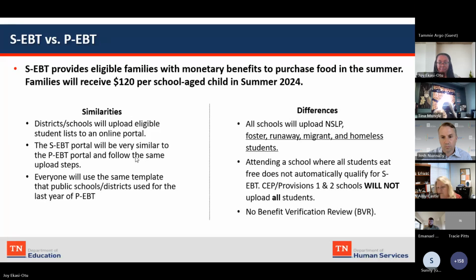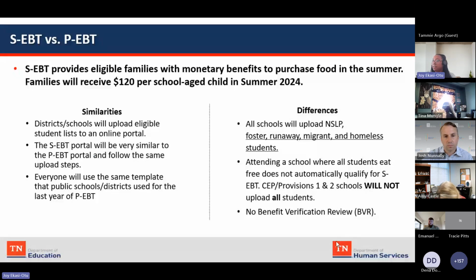This is Dina. I had put the questions in the chat, but the first one that I wanted some clarity on was, do you know when the link for the parents to check their eligibility will be available? I just want to reference a document to make sure I'm telling you the correct information.